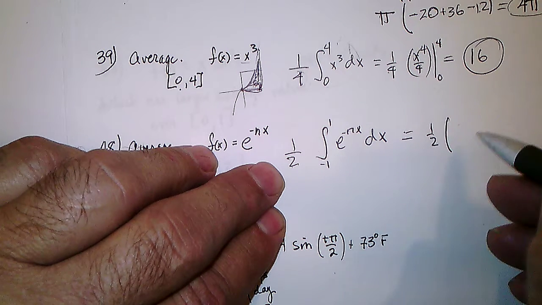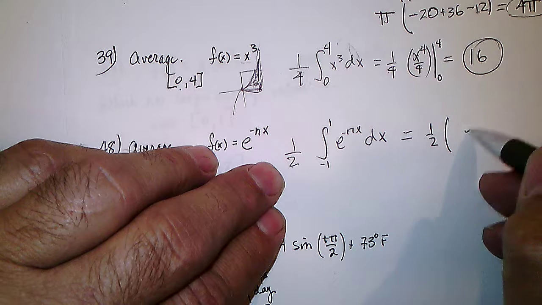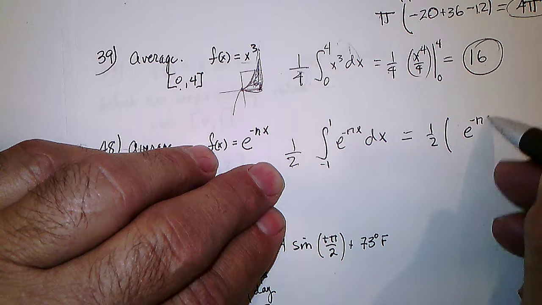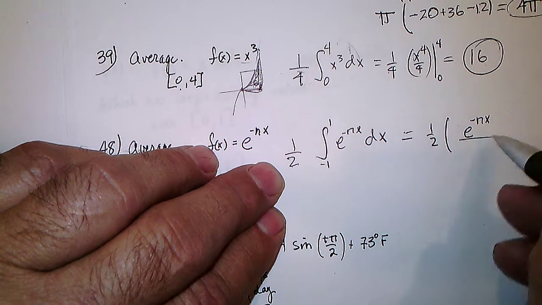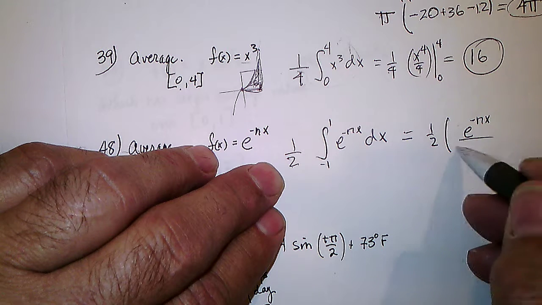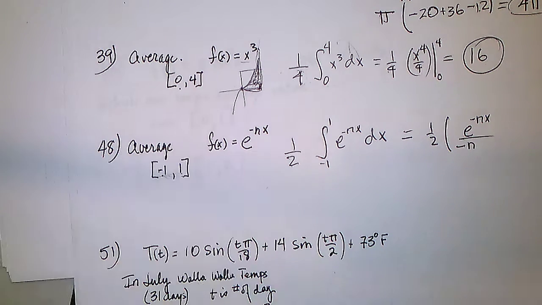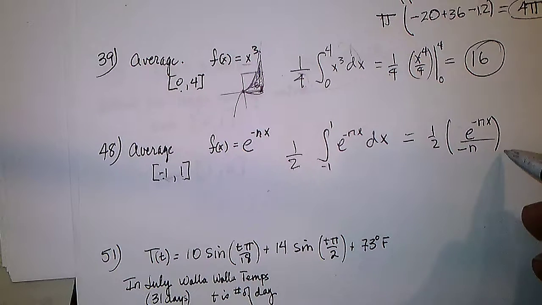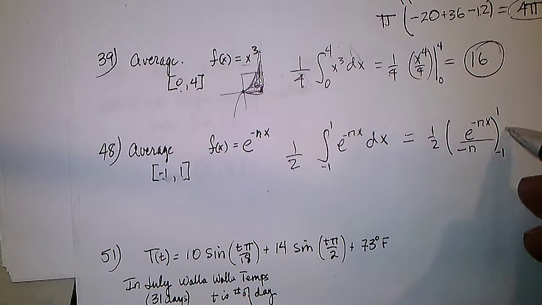Well, integral of e to something is e to the something. And integrating, it's divided by whatever the derivative of that is, which is negative n. We're going to evaluate from -1 to 1.